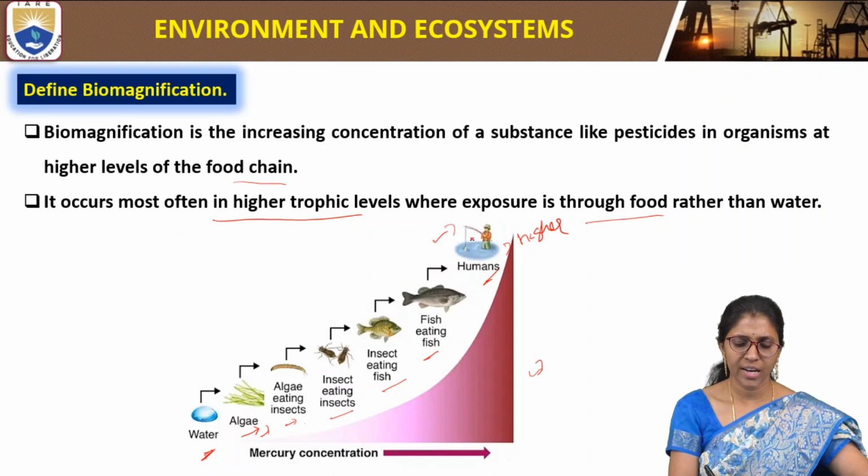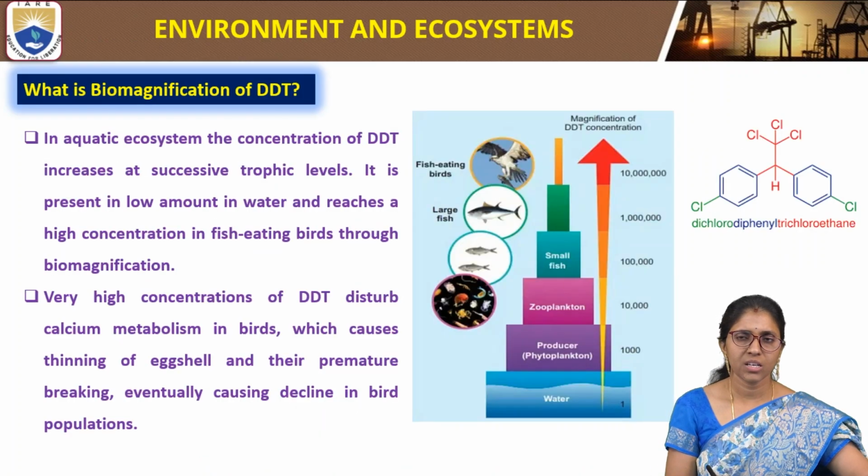It means the highest concentration of mercury is present in humans. So this is called biomagnification: the increasing concentration of a substance or pollutant in organisms at higher trophic levels.